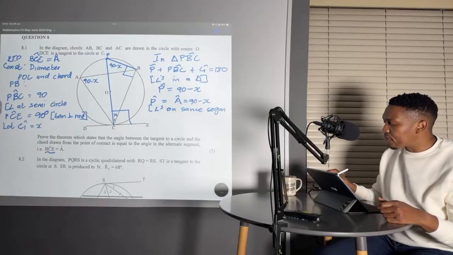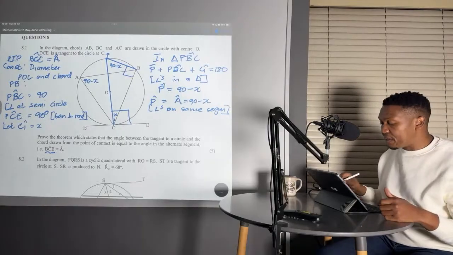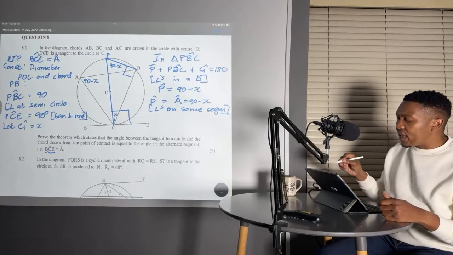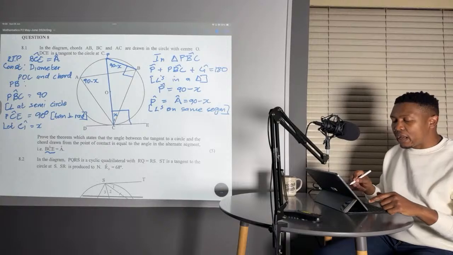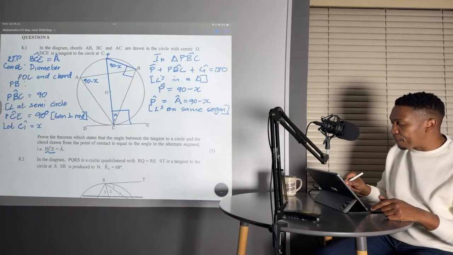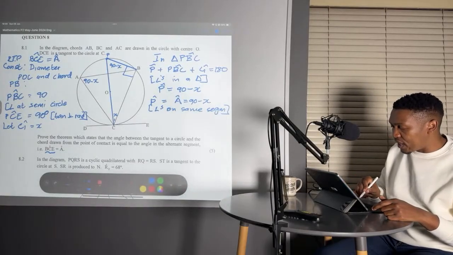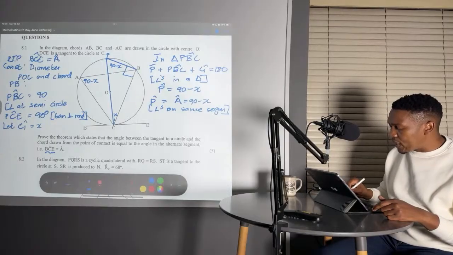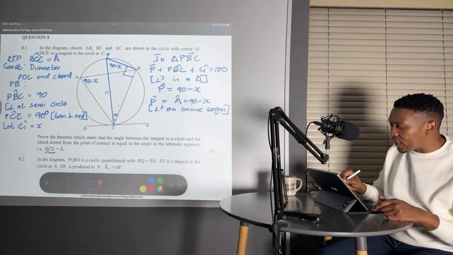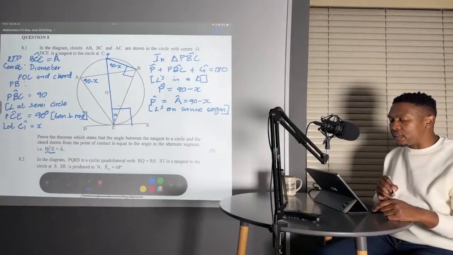Okay, finally, let's bring this to a landing. So in this case, we've already established that PCE, which is that angle over there, oops, I just erased that by mistake. We've also established that this angle over here is 90 degrees.